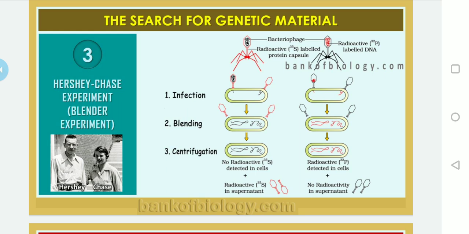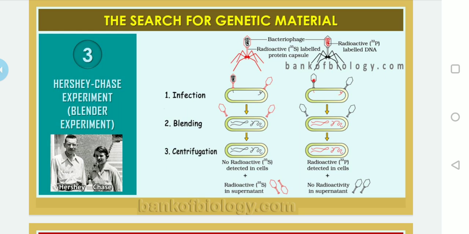The main process takes place in a three-step mechanism: infection, blending, and centrifugation. The infection, as I told you in the beginning, is where radioactive phages were allowed to attach to the E. coli bacteria. The phages transfer the genetic material into the bacteria.